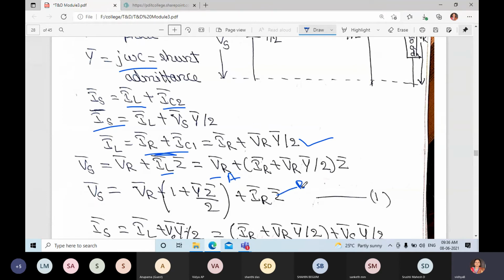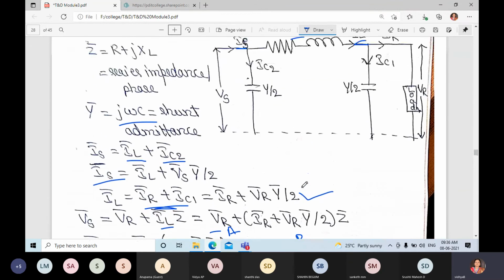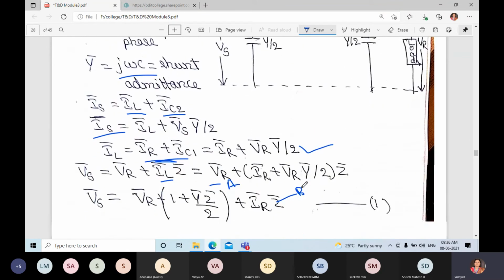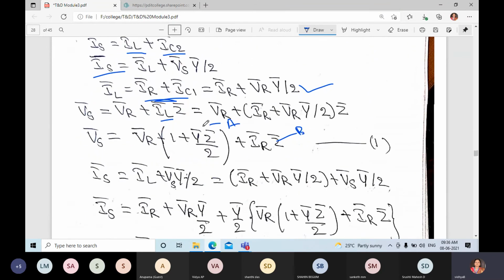If we compare with the standard equation, Vs is equal to A VR plus B into IR. Next, Is is equal to IL plus Vs Y divided by 2. We know the value of IL and we know the value of Vs, so just substitute: IL value plus Vs into Y by 2.